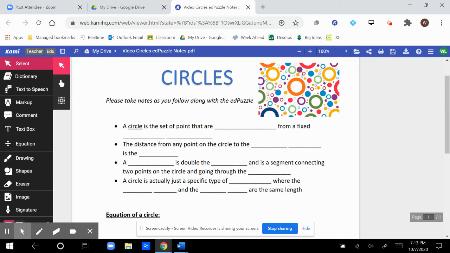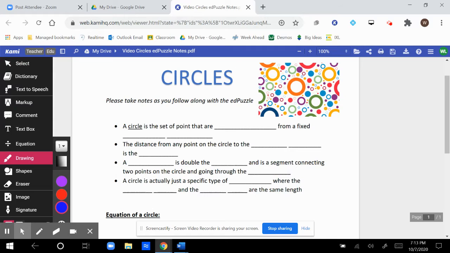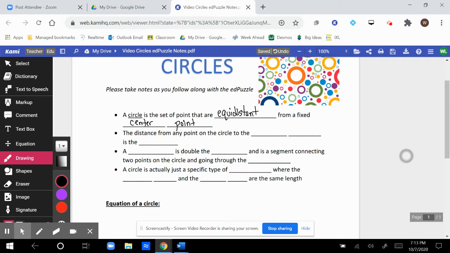All right, so a circle is the set of points that are equidistant from a fixed center point. Okay, so what does that mean? It means every point on the circle is the same exact distance from the center point.